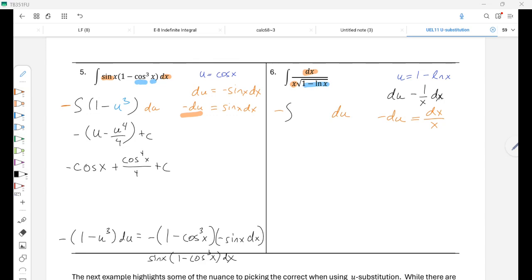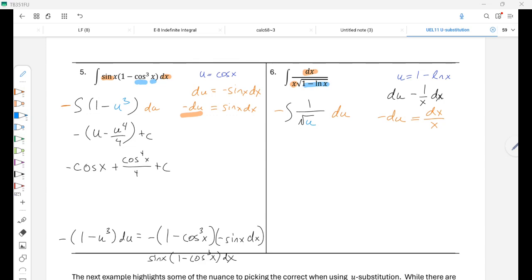I need something in my numerator, so I'll placehold with a 1. And in the denominator, I have the square root of u. Everything's accounted for. Everything's algebraically equivalent. So now we can integrate.